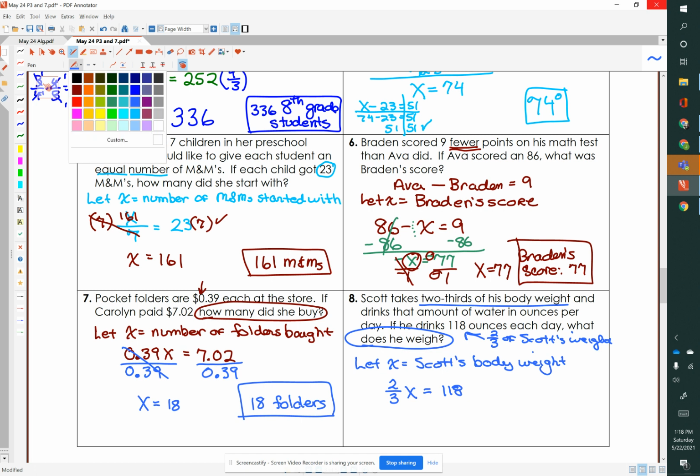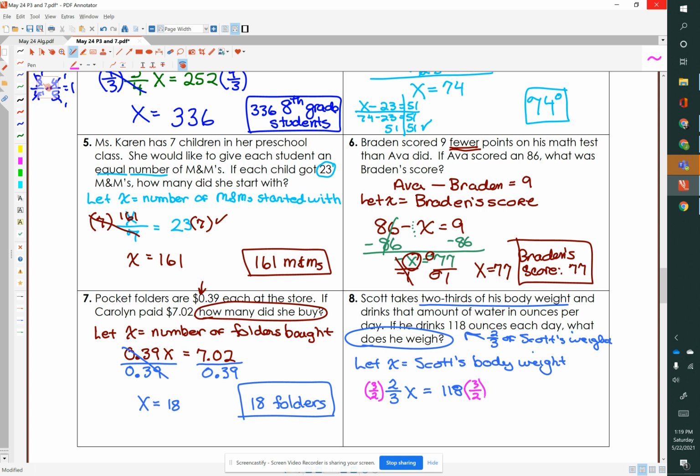Now, in order to solve this, we can simply multiply both sides by the inverse of 2/3, which is 3/2. And on the left side, 2/3 times 3/2 will give us 1, which isolates our x.